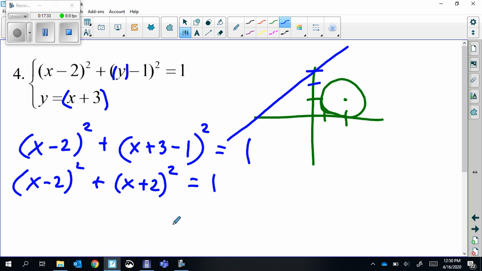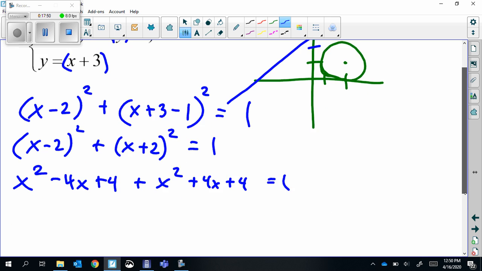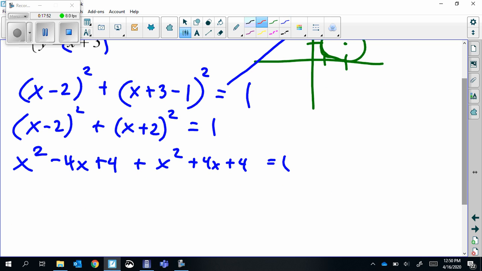Now, if you multiply these out, you get x squared minus 4x plus 4 and x squared plus 4x plus 4. So that's 2x squared, the x's cancel.